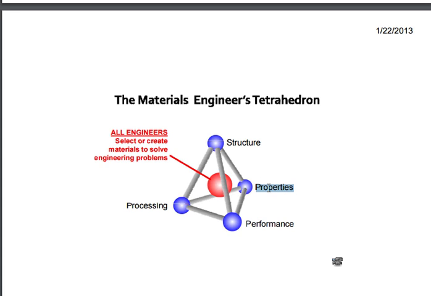Once you know the properties required, you have to discuss the structure of it, how the microstructure looks. Then to get the structure, what processing you need to perform. Once you get the different processing, you will get different properties, and these properties will tell the story about the performance in your application. So at the center you have the engineer, who selects or creates material to solve the engineering problem.